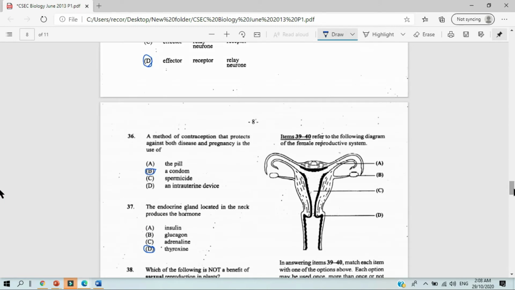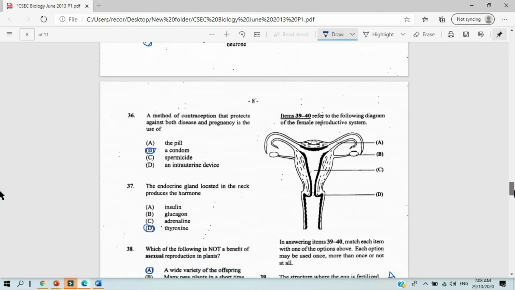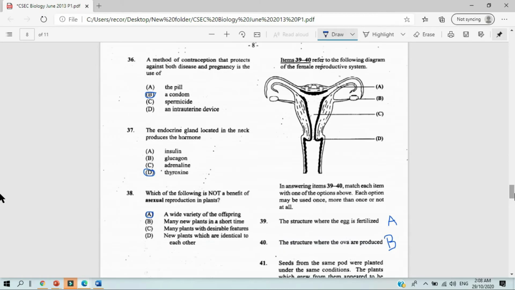Now 39 to 40 refers to the following diagram of a female reproductive system. In answering items 39 to 40, match each item with one of the options above.